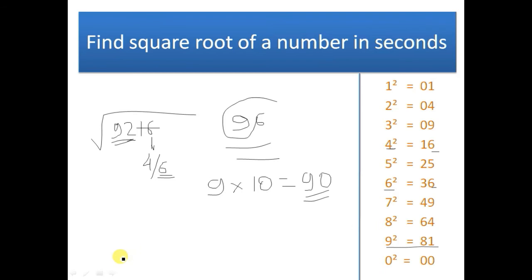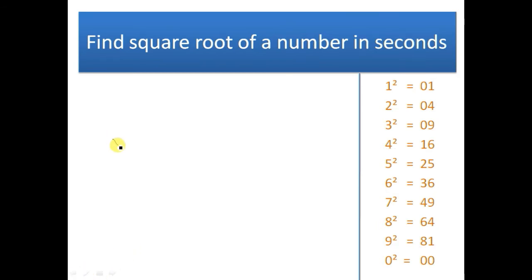Let us see more such examples. What is the square root of 3136? It's again ending with 6, so our answer is going to end with either 6 or 4, of course for the same reason.